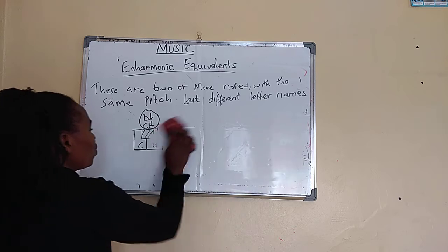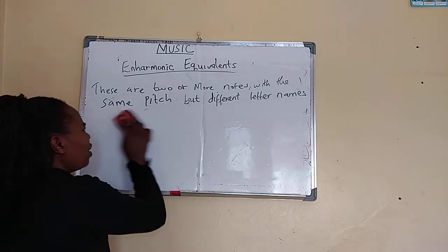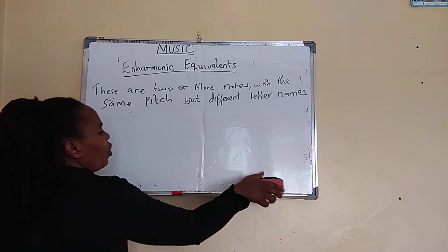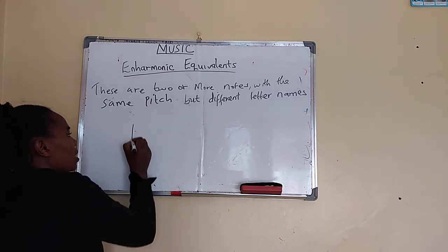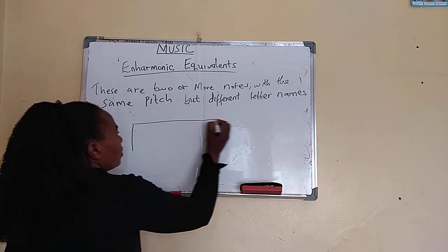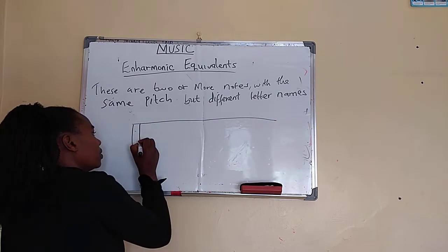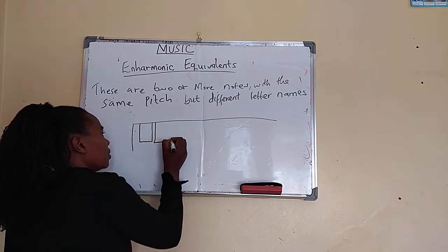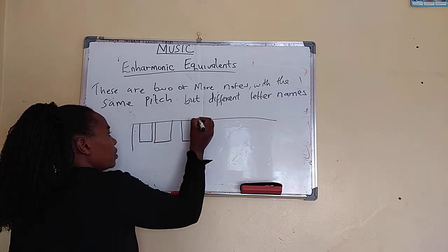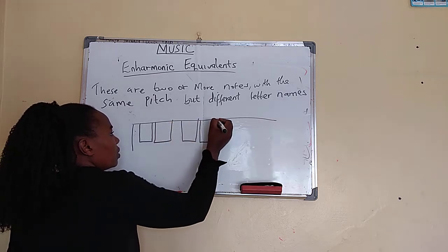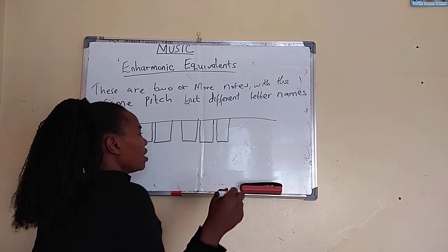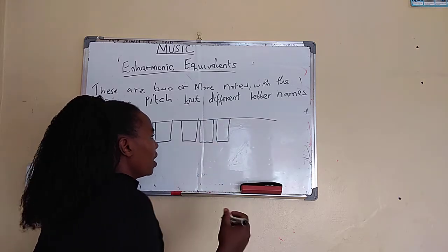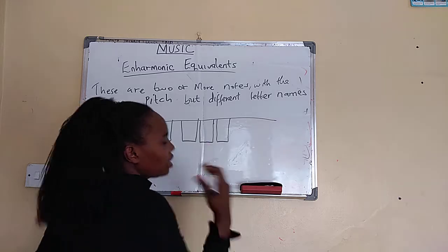So I'm going to draw a keyboard and we are going to look at a few examples on enharmonic equivalence. So remember, I told you a keyboard has a set of two black notes and three black notes. So they're actually alternating.